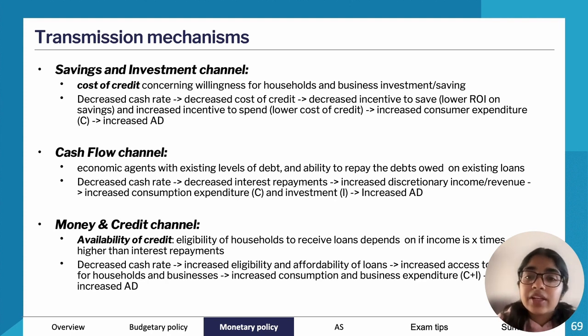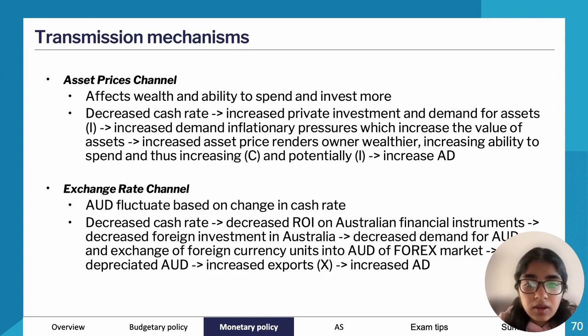But now, if the interest rates are at 4.85% and I'm still earning 100K, the bank will be like, are you actually able to pay interest on top of that principal? And if I'm not able to, I will not get that loan. I won't be able to borrow money to spend in the economy. So that's how it affects aggregate demand. It lowers it.